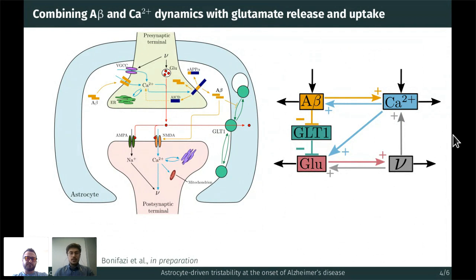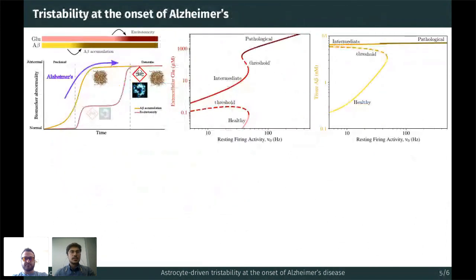And when we combine these two subsystems, we observe something even more interesting than before. In fact, we observe that the two bistabilities translate into a tristable system. This means that instead of having only two stable branches, we have a third intermediate stable branch in the middle. But depending on the parameter set that we use, we can result in different conditions.